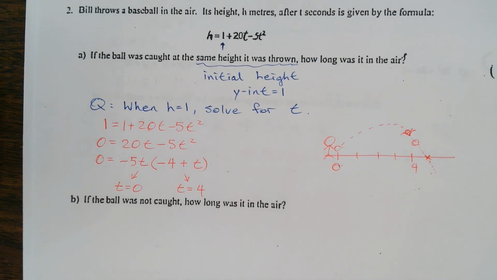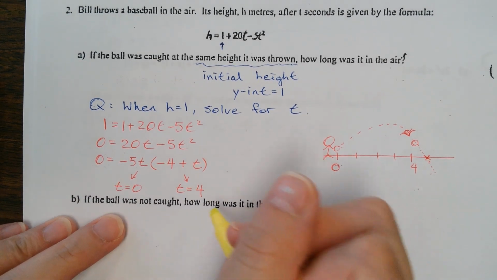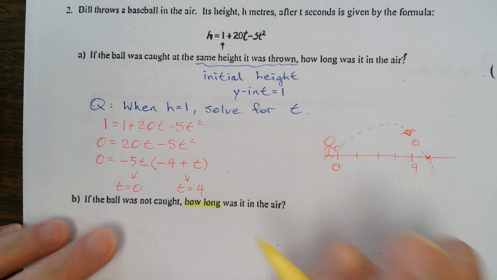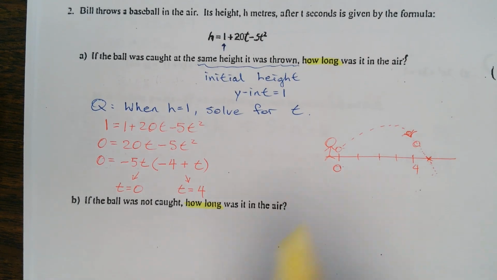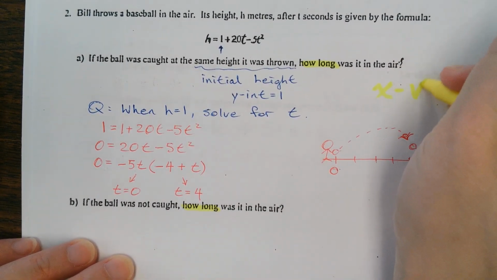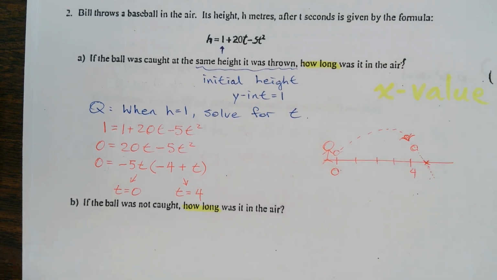Remember, when we did this unit, I was saying whenever it says how long, we're referring to the x value. When it's asked for the height, then we're talking about the y value.